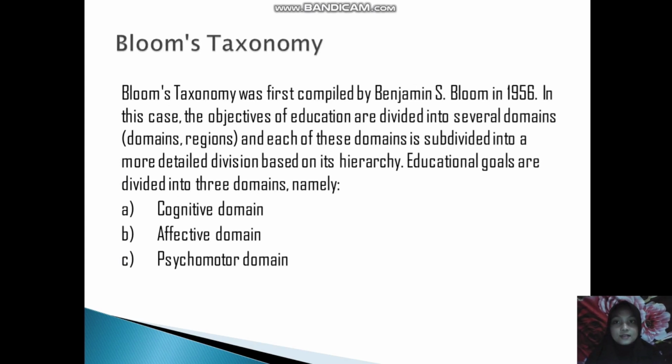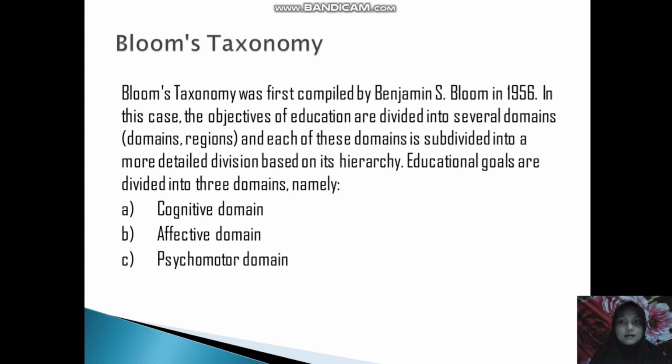Next, Bloom's taxonomy. Bloom's taxonomy was first compiled by Benjamin S. Bloom in 1966. In this case, the objectives of education are divided into several domains or regions, and each of these domains is subdivided into a more detailed division based on its hierarchy.